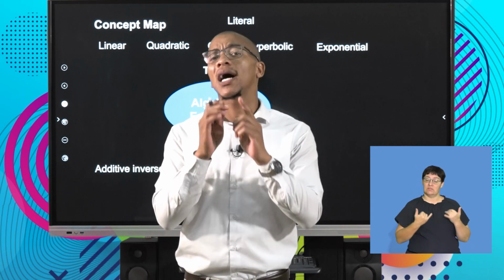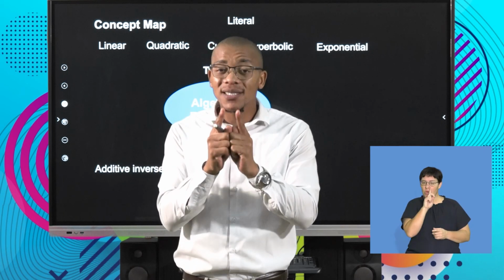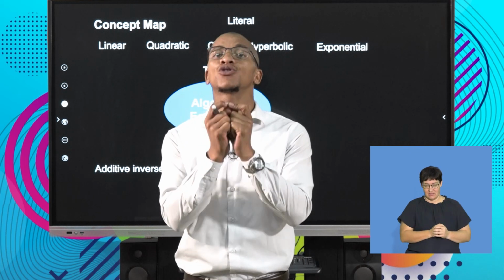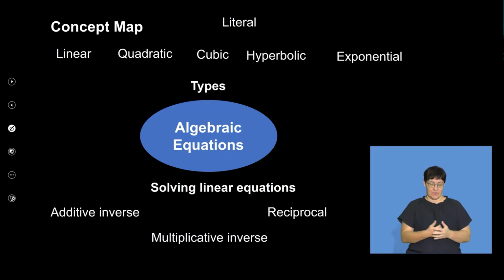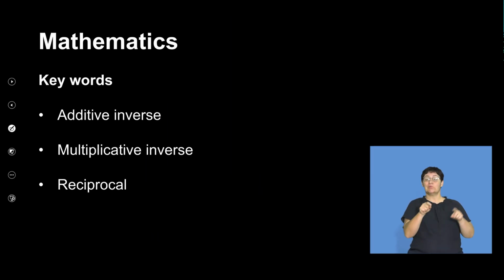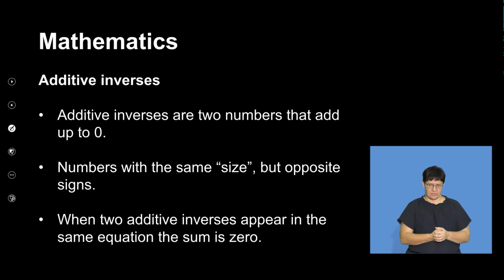But for now, I want us to look at some principles that are involved in solving linear equations. Those principles are what you call the additive inverse, number 1, the multiplicative inverse, number 2, and lastly what we call a reciprocal. I know that some of them you've done at lower grades when you were doing your mathematics.